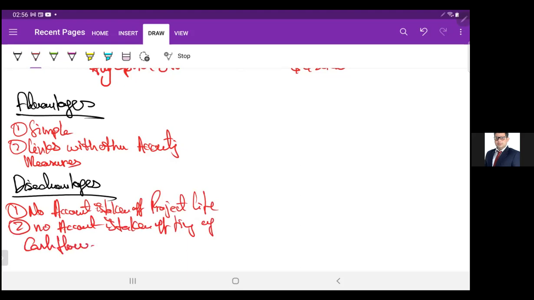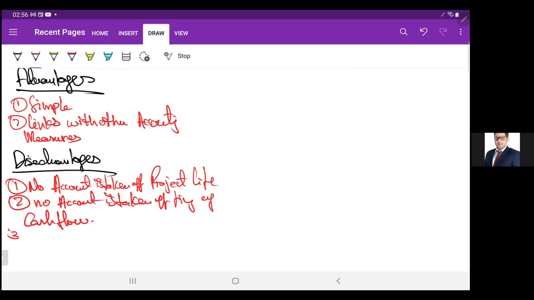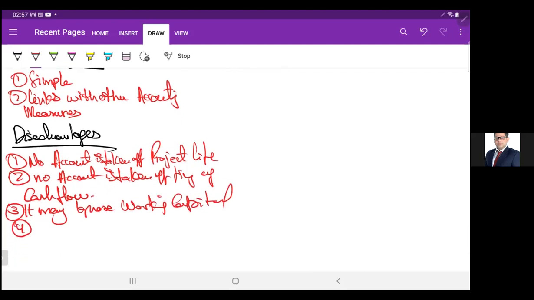I hope it is clear till here. Then other disadvantages: number three, it may ignore working capital. Number four, it does not measure absolute gain.